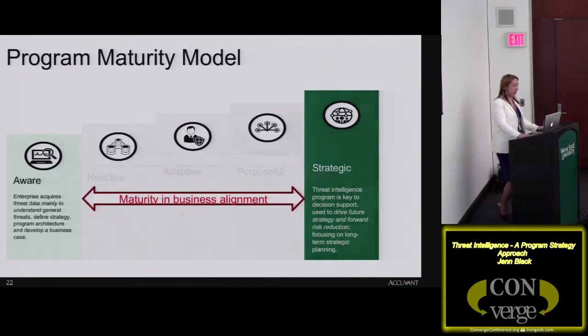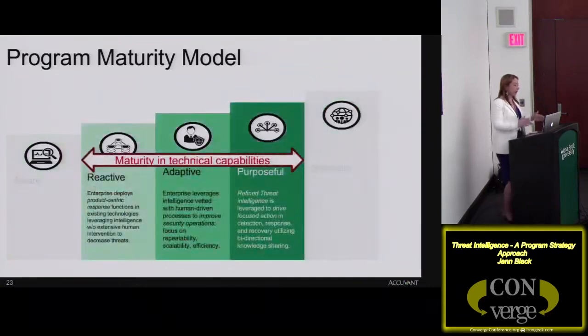Okay. So then the three in the middle, this is maturity and technical capabilities primarily. As we already covered, reactive is focusing on getting the tech to do your bidding. You want to knock out the threats you can early and fast. From the adaptive perspective, though, you want to use vetted threat intelligence, which is when you start considering data quality, because not all threat feeds were created equal.